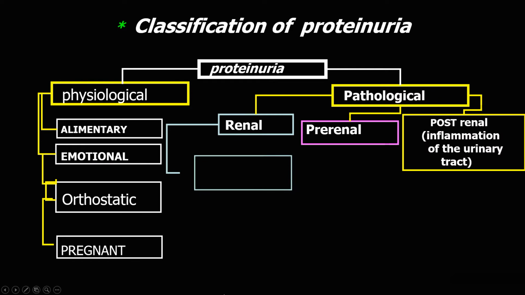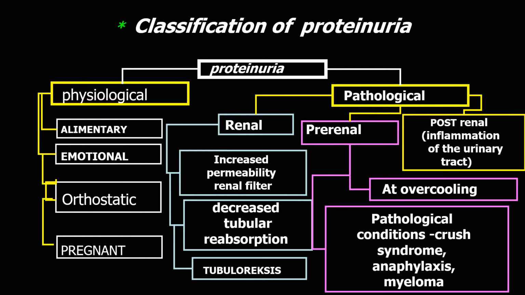Classification of proteinuria has several forms: physiological form and pathological form. Physiological forms are, for example, alimentary, emotional, orthostatic, and pregnant. And pathological has 3 forms: prerenal, postrenal, and renal.